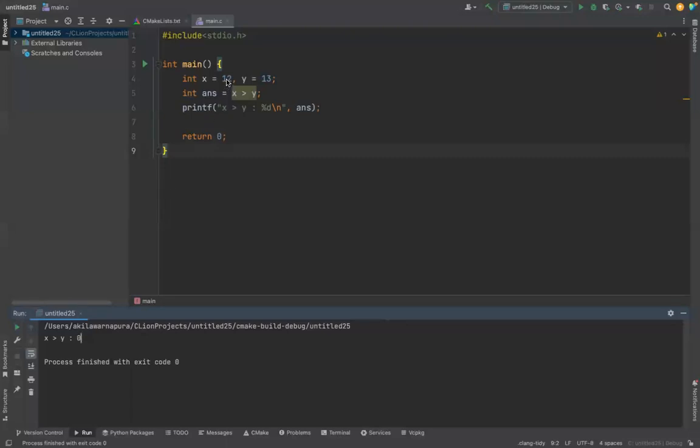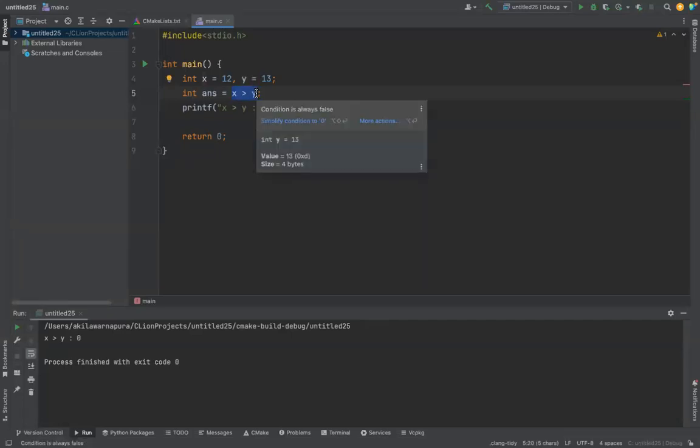You know x is 12, y is 13. You are comparing 12 greater than 13. It is not true. It is false because 12 is less than 13. Therefore, this expression x greater than y evaluates to the integer value 0. You know 0 is an integer, so that will be assigned to the answer and printed.